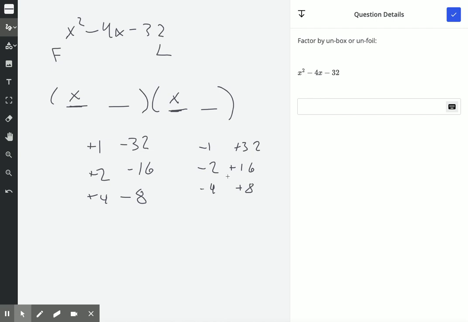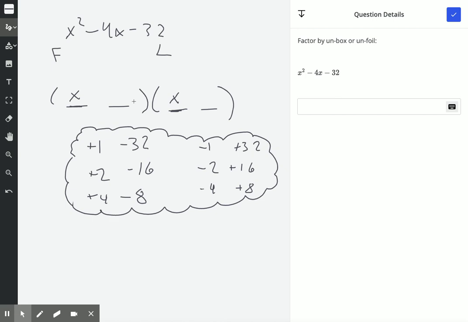So all I'm going to do is keep this, this is my work, this is my little thought bubble, and I'm going to try all these options. And it turns out that whatever I put here will get me my lasts. I already have my first. So what I need to check is when I fill in these blanks with whatever these numbers are, do I get negative 4x as my middle term?